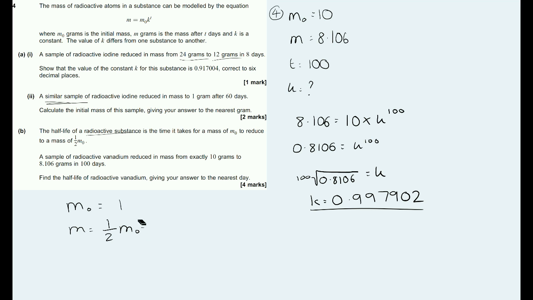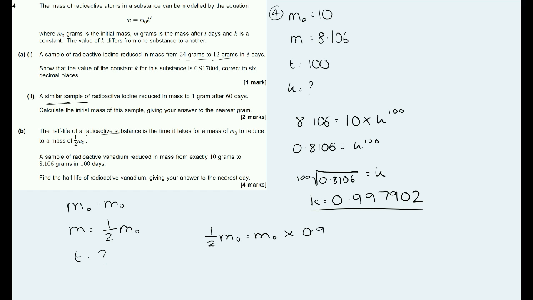But let's go as theoretical as we can. So m0 is m0, our m is a half of m0, our t is the unknown, and our k is what we've got up here. So let's pop all this into the equation we've been given: half m0 equals m0 times k to the t.